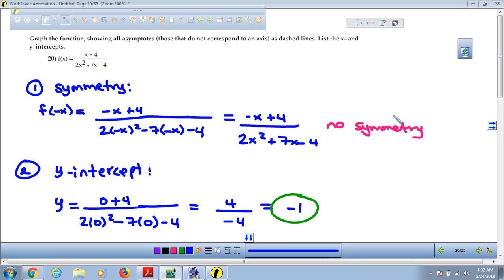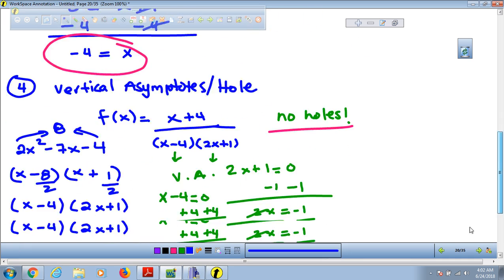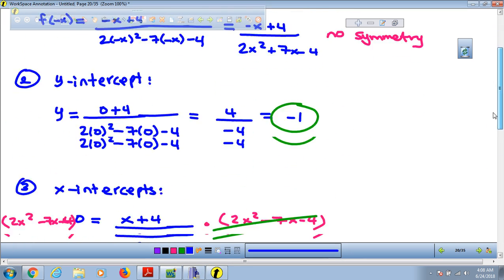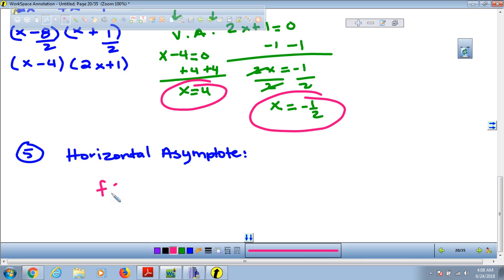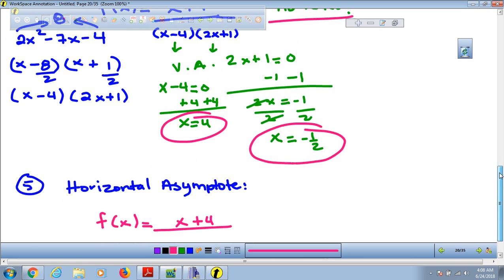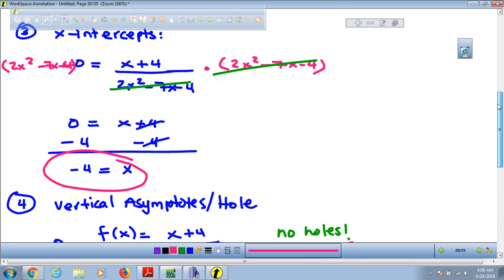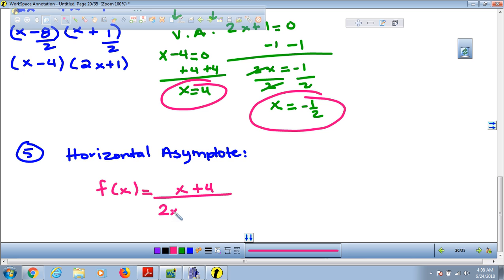Let me rewrite the whole thing here. 2x squared minus 7x minus 4. So the highest exponent here is a 1 and here is a 2.